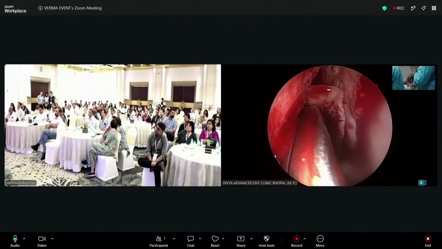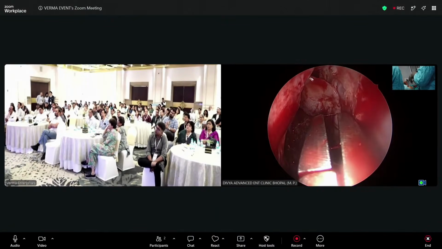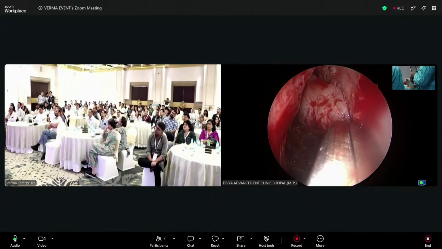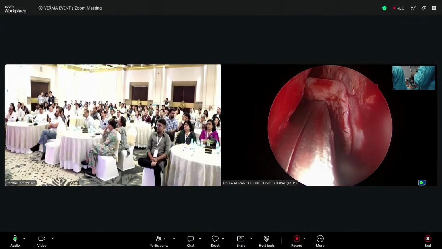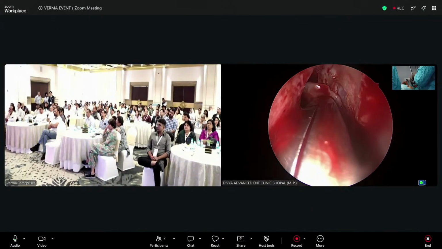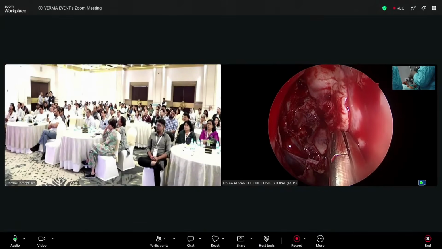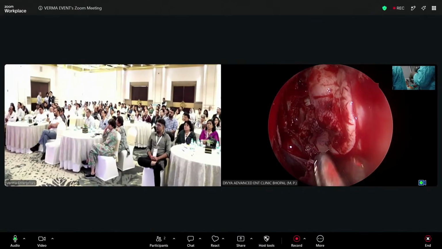That's an amazing flap. See, my area of interest, the level of the skull base which can give meningitis, potential meningitis, will be covered with this flap so easily now.